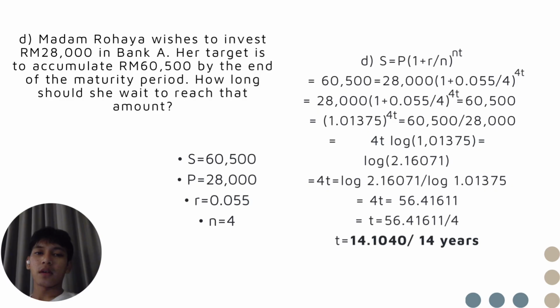For the calculation, S equals P open bracket 1 plus R over N close bracket power of NT. So the complete calculation would be 60,500 ringgit equals 28,000 open bracket 1 plus 0.055 over 4 close bracket power of 4t.